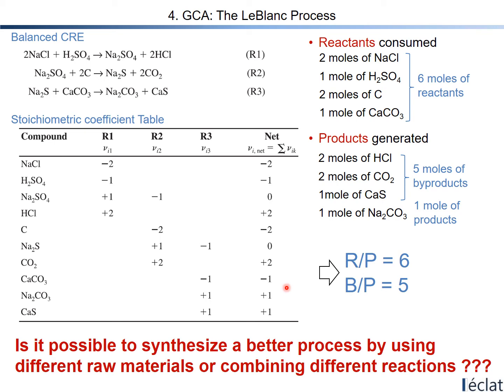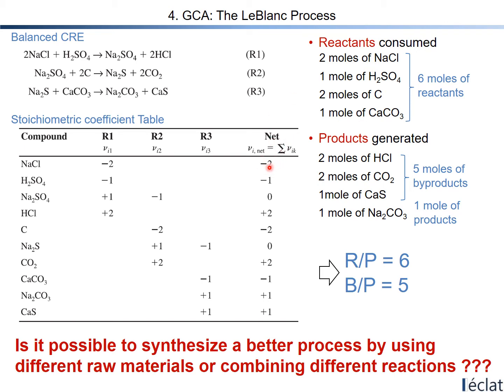Okay, so from the last column, we can read the reactant consumed and product generated. So the minus sign means reactant. The plus sign means product. Let me check it. Reactant consumed. Let's get the minus values of net summation.